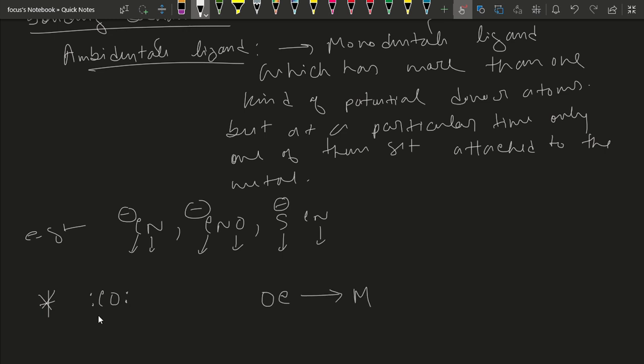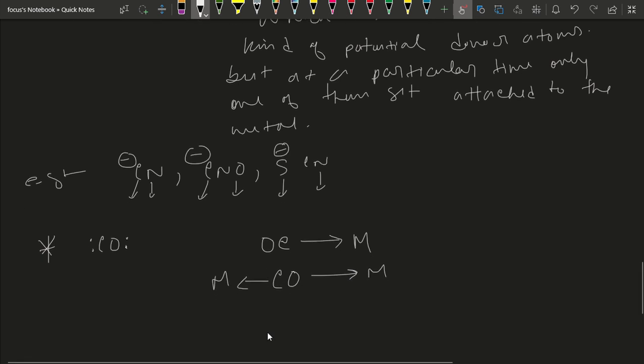One important point about carbon monoxide ligand is that it can form a metal ligand bond via this carbon atom, and it can also form bonds with two metal ions like this, but it cannot form a metal ligand bond via oxygen because carbon and oxygen have a large electronegativity difference.